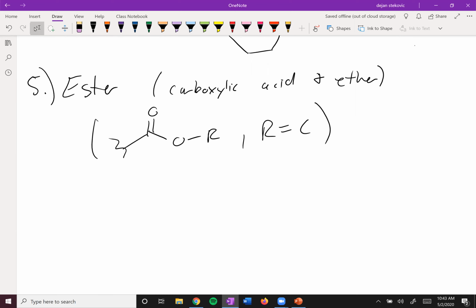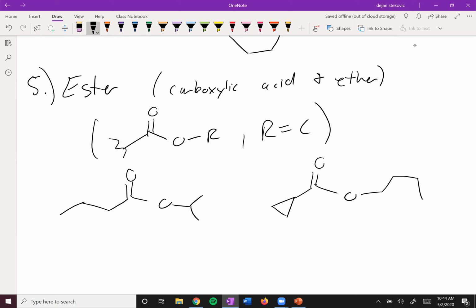And so you can draw a bunch of cool different little structures here that you'd like. Get real creative with it. You can draw cyclo groups. Pretty cool. And remember, these oxygens do have lone pairs. They're just not explicitly drawn.